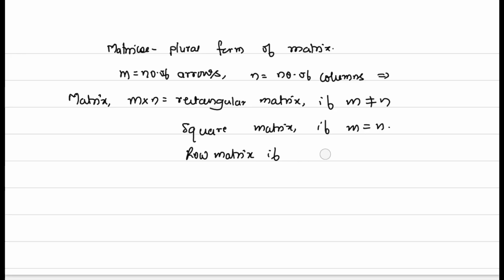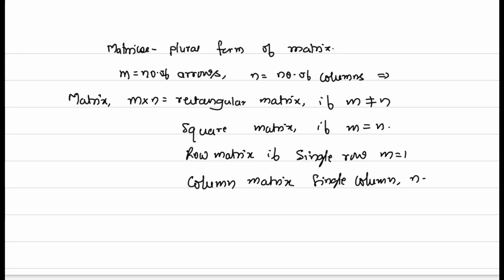Row matrix, single row, m is equal to 1. It's a column matrix, single column, n is equal to 1.